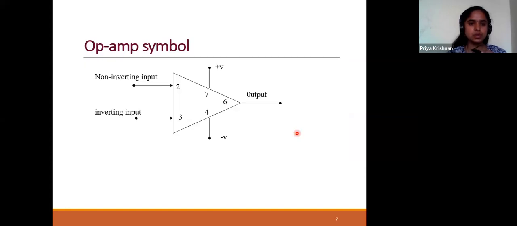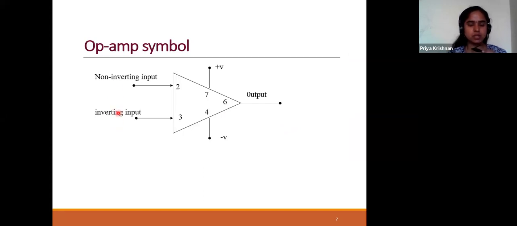So next we will go to the symbol of op-amp. It's very easy. All the electronic devices will have a symbol. Even if you take the resistor, FET, MOSFET or BJT, anything, we will represent the device using its symbol. To simplify its symbol, we have two inputs here. One is the non-inverting input, the other one is the inverting input.